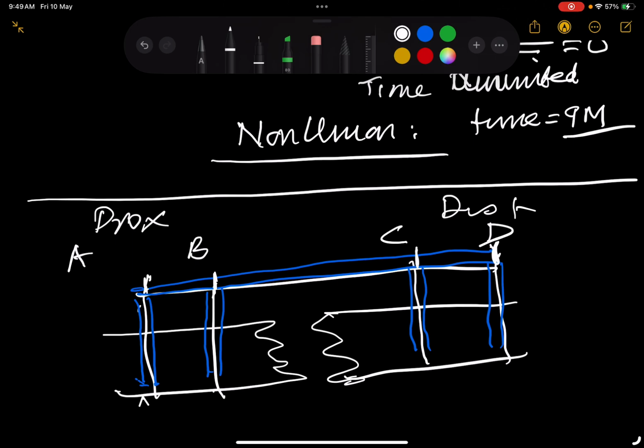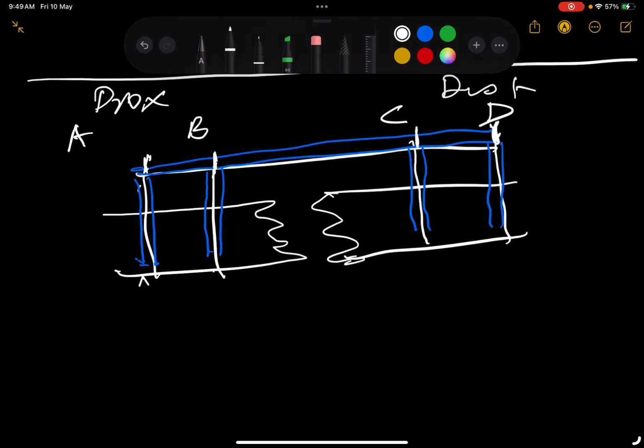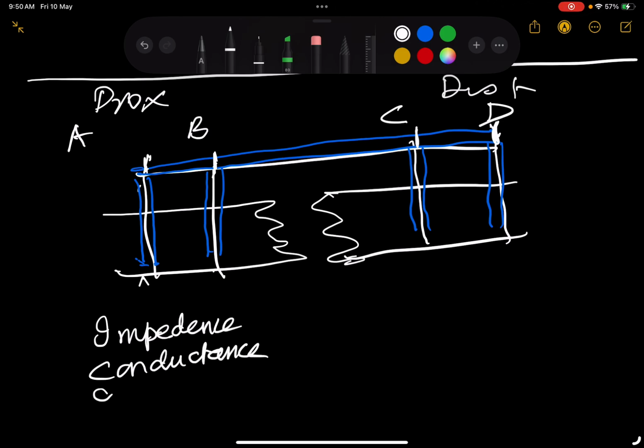So we were able to measure resistance. So we were not able to measure resistance, we were able to measure impedance. I'll tell you why, but impedance, conductance and inductance. These things we were able to measure between pin A and B and C and D and B and C.